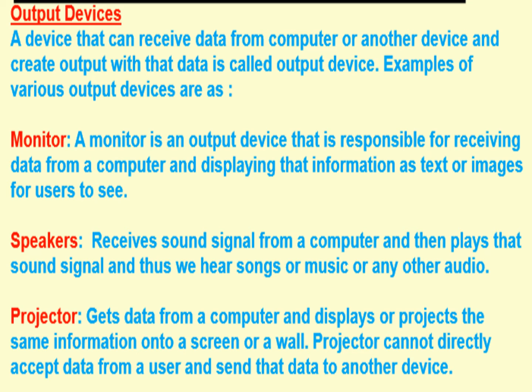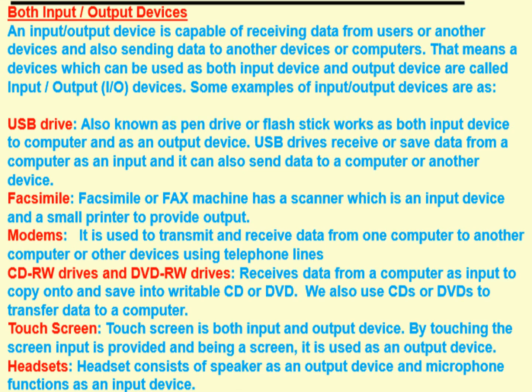Monitor is responsible for receiving data from the computer and displaying that information as text or images. Speaker receives sound signal and plays it so that we can hear songs, music or any other audio. Projector gets the data from a computer and displays the same information on a wall or a white screen, right?